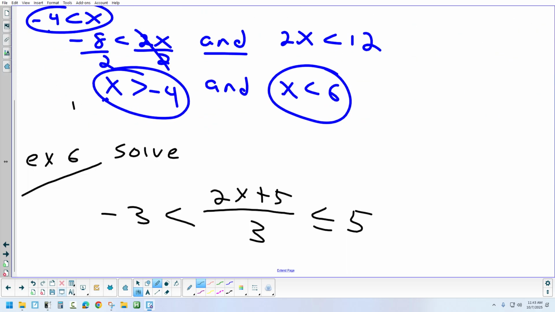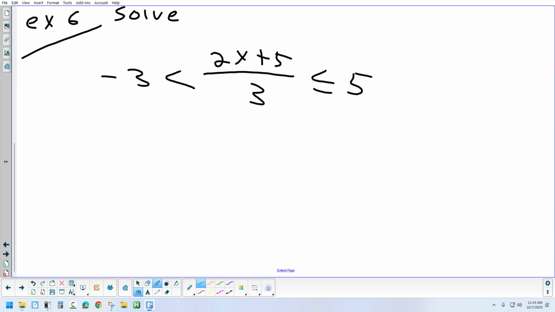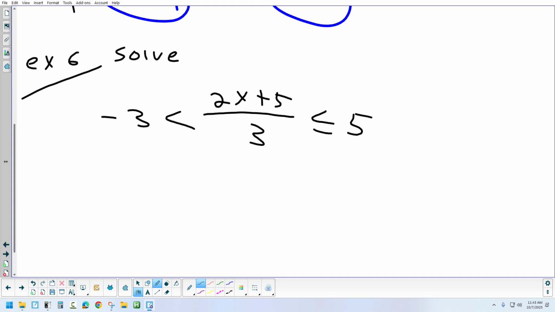Let's try this one. Okay, when I split that up, what would be the two inequalities it would split up into? What would be the first one? Yeah?